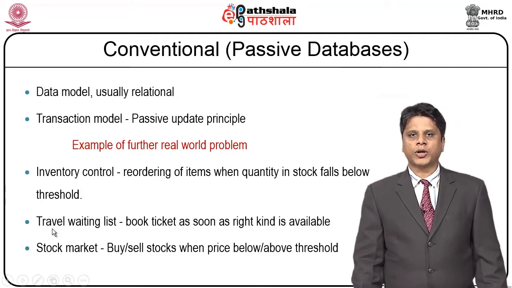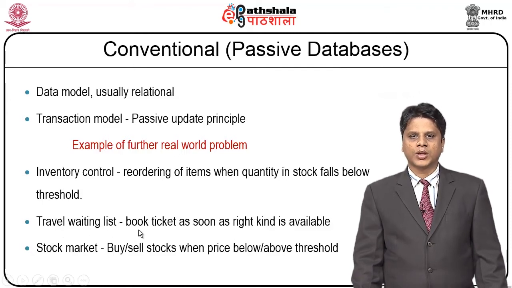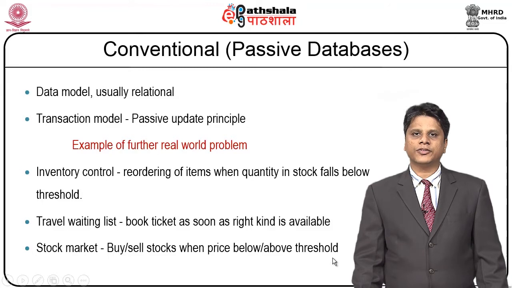The second real world problem with respect to passive databases would be a traveling wait list: book tickets as soon as the right kind of seats are available. And the third one is the stock market: buy or sell stocks when the price is below or above the threshold. So, these are the real world problems that arise as part of passive databases.